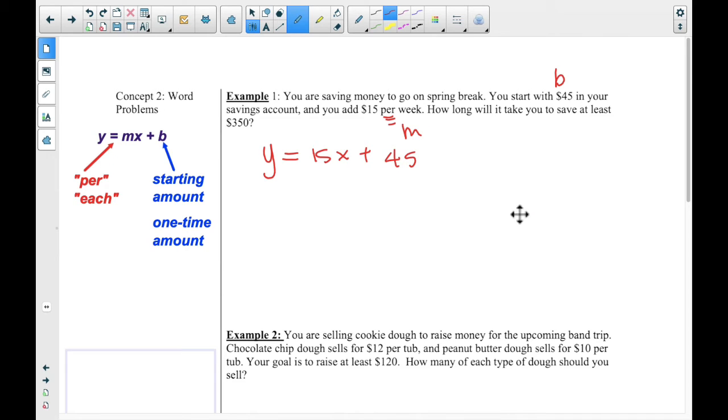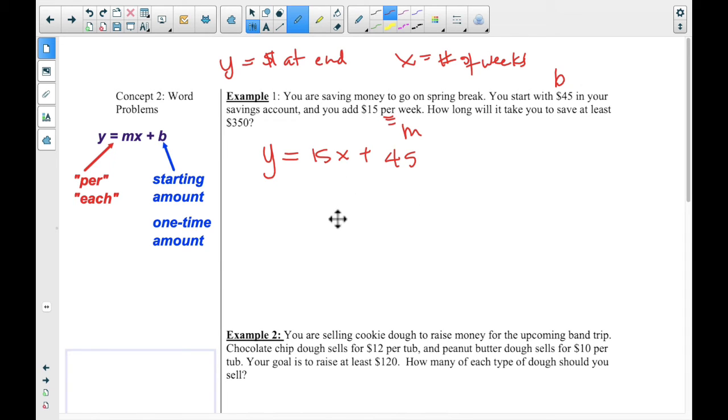Now, what's y? Well, y is how much money you're going to have in the end. Let's actually write that down. y is the amount of money at the end, and x is the number of weeks. That's what those variables are. So we're going to leave those as x and y's.